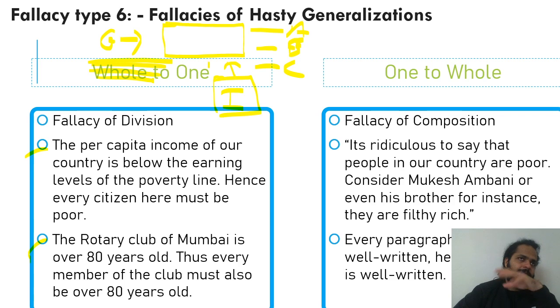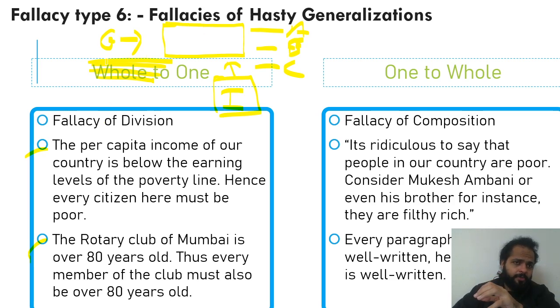Now, if based on this I go on to generalize that each and every male will definitely be good at driving automobiles, that would be a hasty generalization. Just because the group generally, more often than not, the members of the group are found apt at driving automobiles, doesn't mean that each and every member that belongs to the group or class will be able to do it. So that's one example.